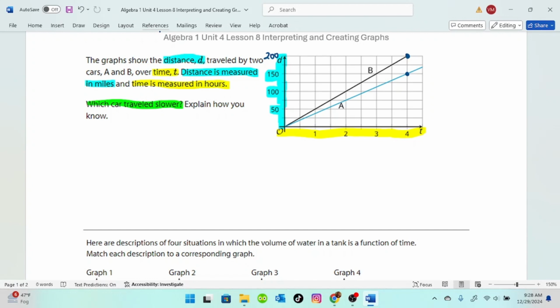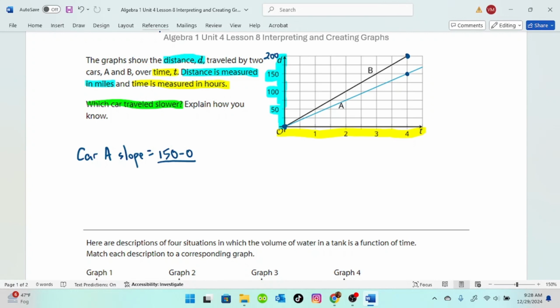So if they both start at 0, 0, then car A's slope is going to be the change in y. So that's 150 minus 0 over the change in x.